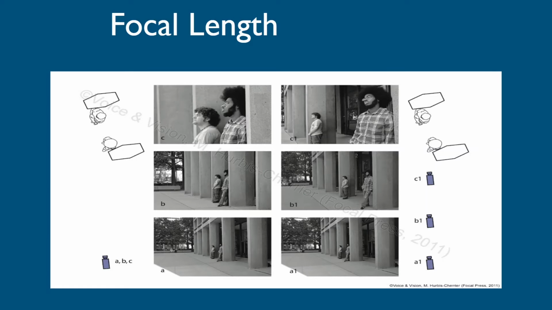Okay, if you see this picture here, we've got two guys standing near columns. And if you look over here on the left, you can see that this camera is stationary. A, B, C represent the different shots. What they've done is change the lens. We'll go over what the different settings are.